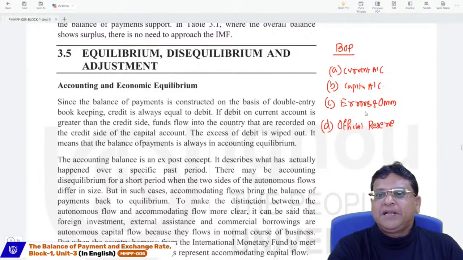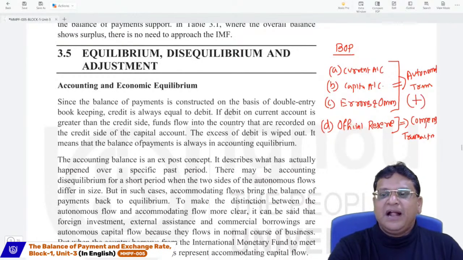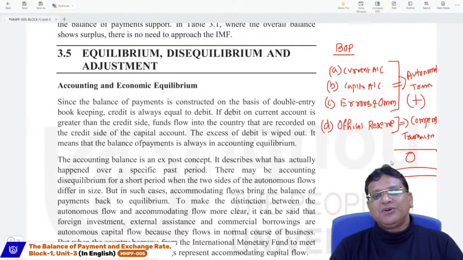The current account, capital account and error and omission combinedly are known as autonomous transactions. And official reserve is a compensating transaction. If we add autonomous transactions and compensating transactions, the balance will always be zero, because balance of payment always balances.